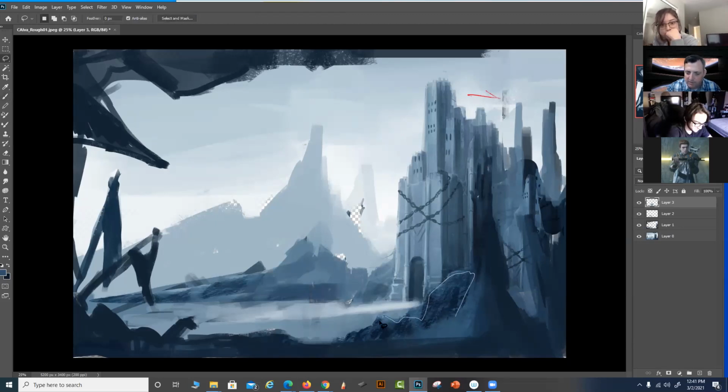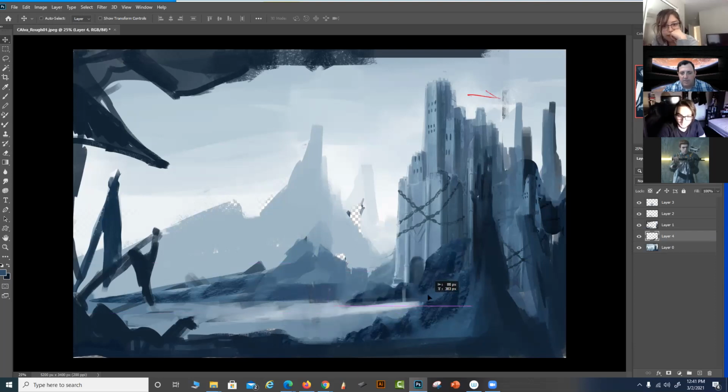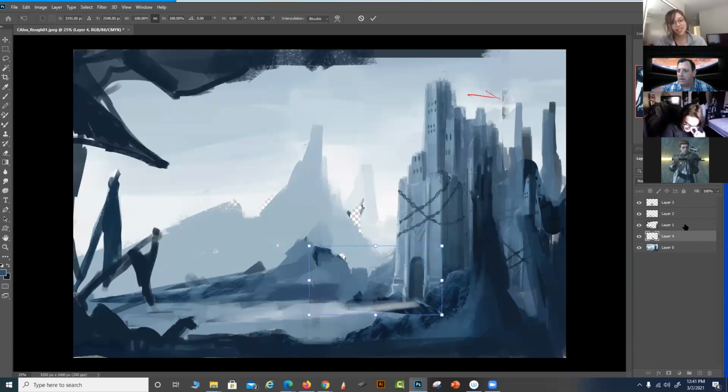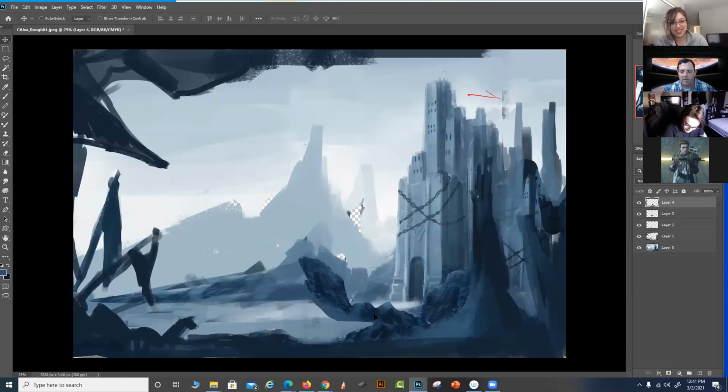If we take these rocks again, transform, flip it horizontally, bring it in here, put that layer up on top. You can make it look like there's a protective barrier of rocks around the front, like they've prepared for battle. You know what I mean?